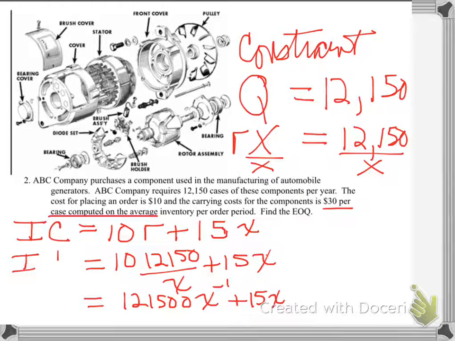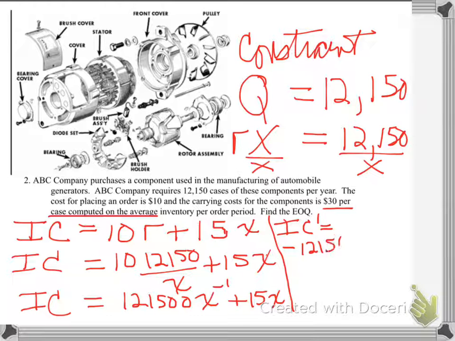Each of these is just plain old IC. Now I'm going to say IC prime equals. Taking that derivative, I get negative 121,500 x to the negative 2 plus 15. Set that equal to 0 because I want to know where the slope is 0. That will be the minimum cost, and that's what I want the x value for.